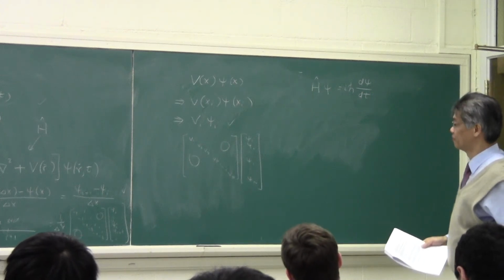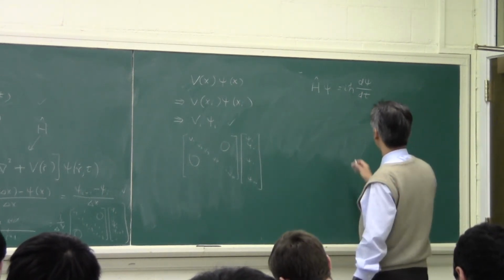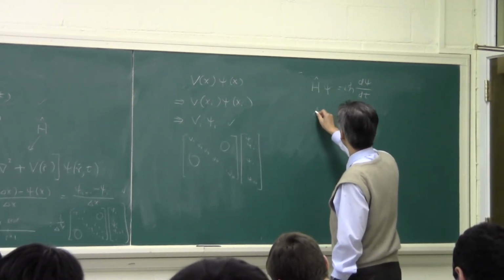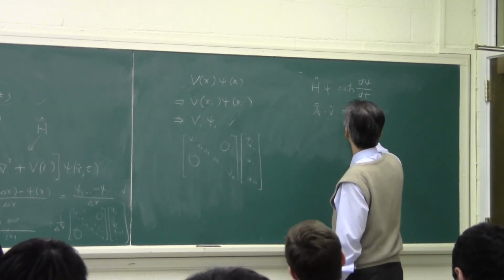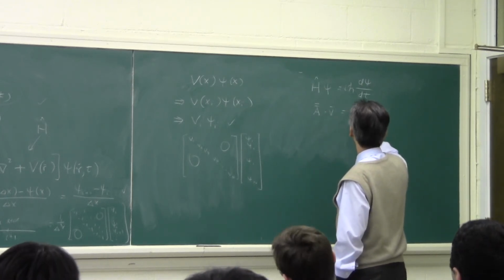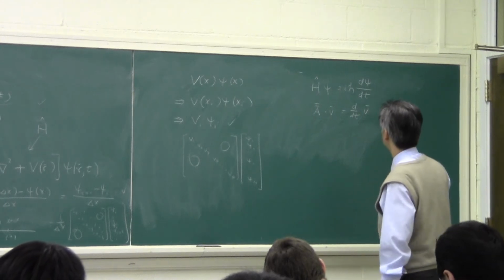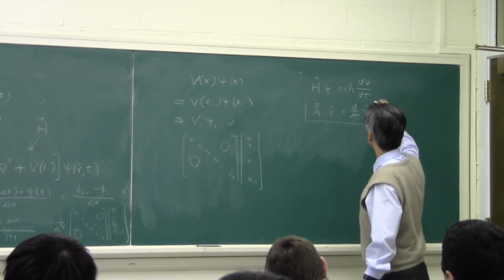Okay? So this is very analogous to the matrix times the vector being equal to d dt of the vector. Very analogous to this equation.